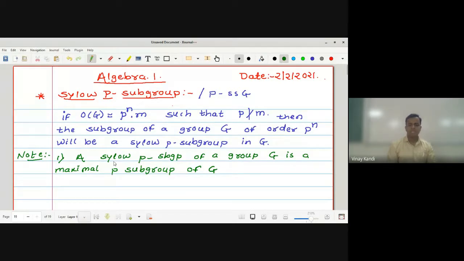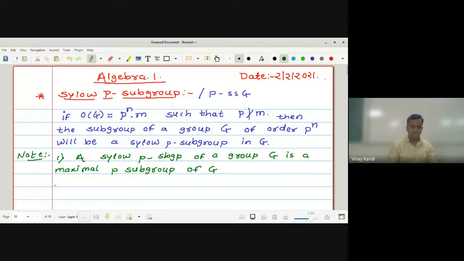A Sylow P subgroup of a group G, what will be the order of this group? P raised to n. That group is a maximal P subgroup of G. Okay, so whichever is the Sylow P subgroup of order P raised to n, how will it be? A maximal P subgroup, a maximal subgroup of whom? Of G. Okay, so this is the first note.